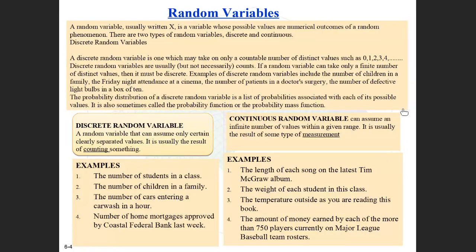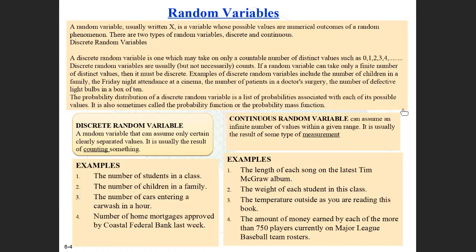You can only fit in that number of people. So if you have a question, please ask, because this is very important to understanding discrete numbers. The number of patients in a doctor's surgery or waiting room, the number of defective light bulbs in a box of 10.